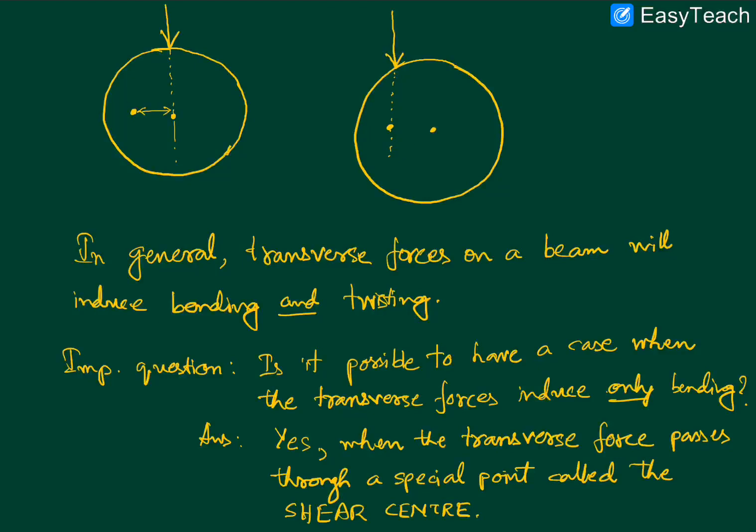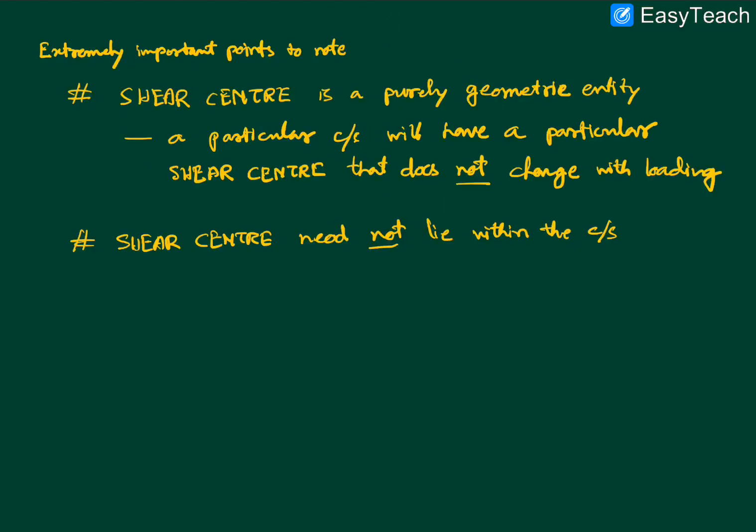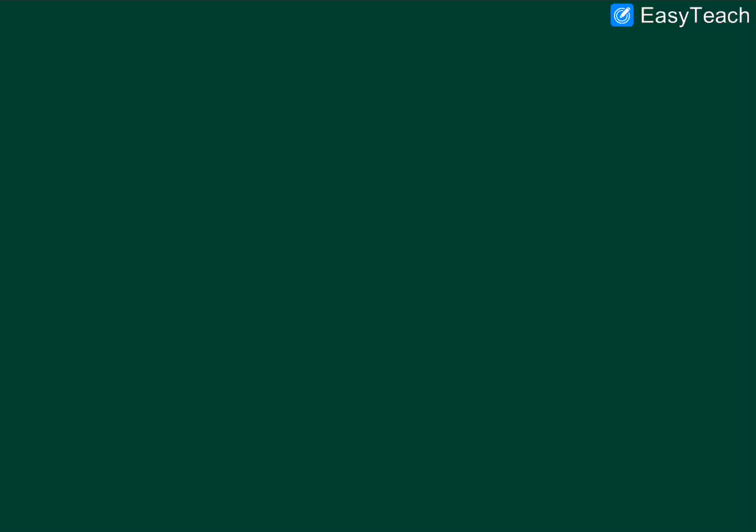What is going on can be clearly understood if we stop considering this kind of cross section, and rather consider the beam in its entirety. So that's what we are going to do. Let me go to a new page.